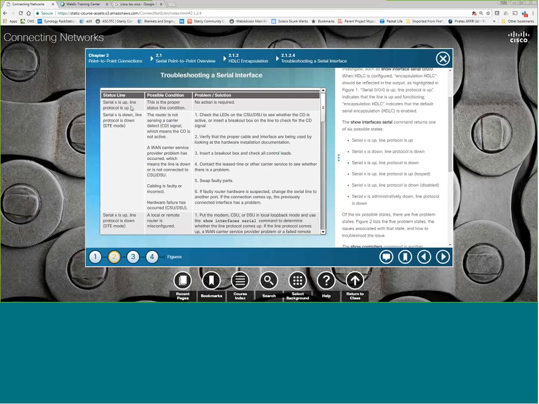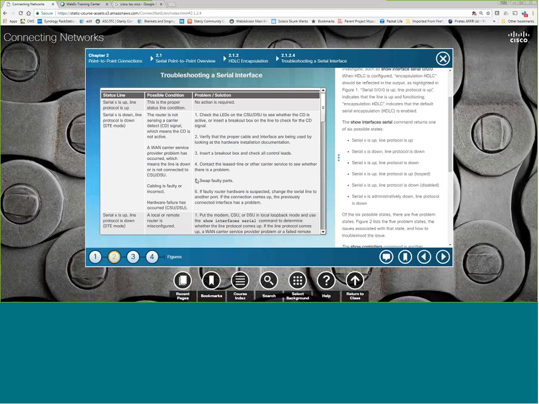So if it's down, it means you're not getting a carrier detect. It could be that the cable brought in from your service provider is not hot. It could be you've got the wrong cable plugged in. It could be there's faulty cabling. There could be a failure on the CSU/DSU. But anytime it's down, that means layer 1 is not working, so I'll start checking those items first.